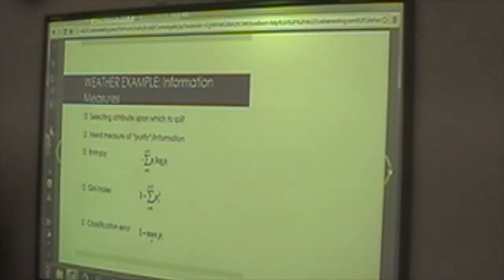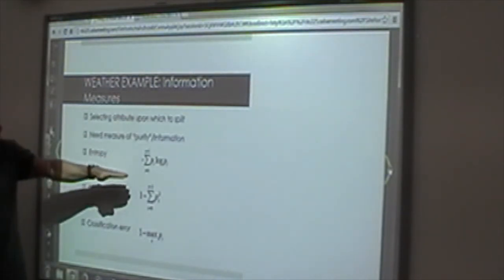The idea here is how do we select the attribute upon which to split our decisions? What we have to do is figure out some sort of measure of what is sometimes called purity, sometimes also called information. There are a couple of measures that we can use.